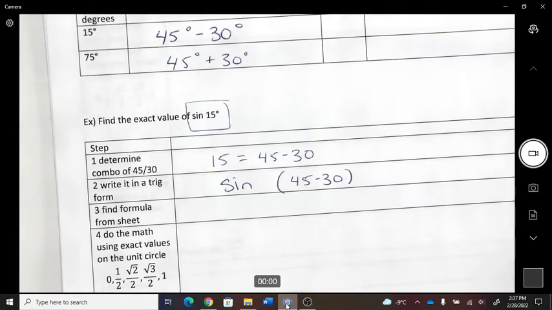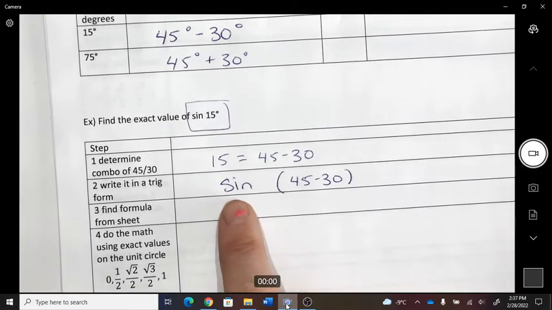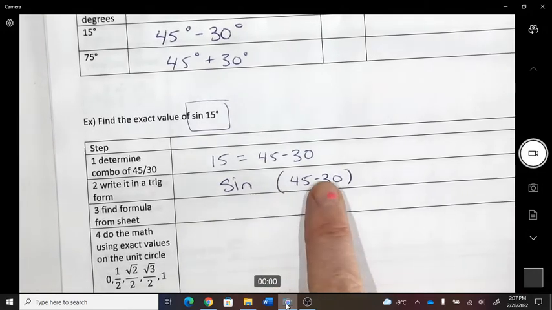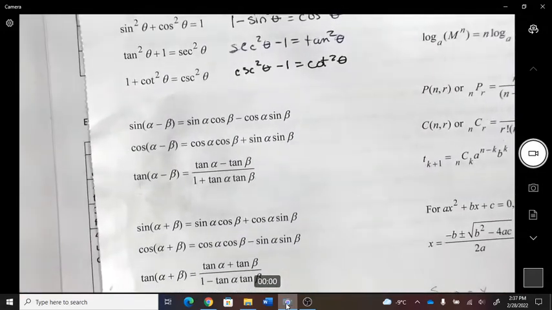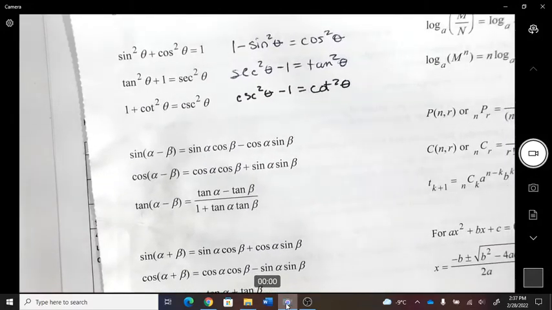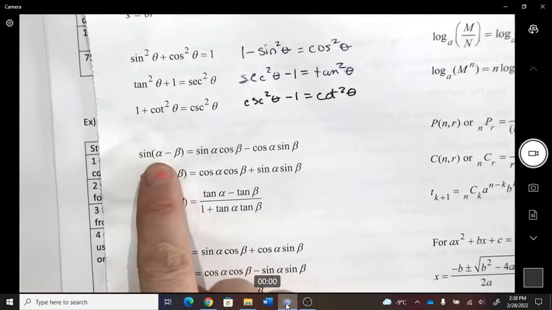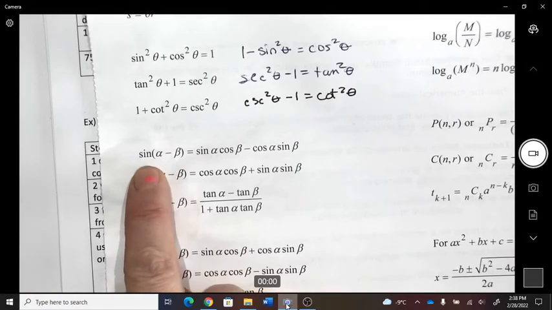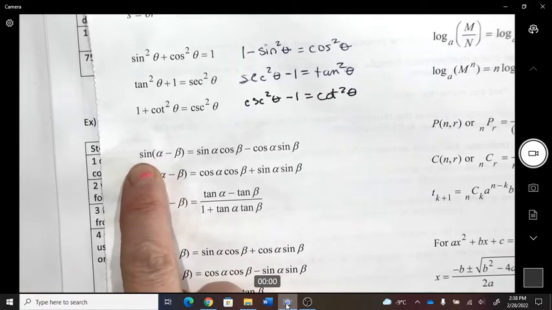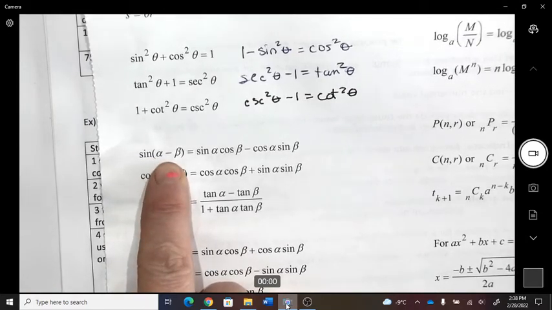Okay, now we're going to go to our formula sheet. This says the sine of two angles that are subtracted. Can you find this spot on your formula sheet? The sine of two angles subtracted.